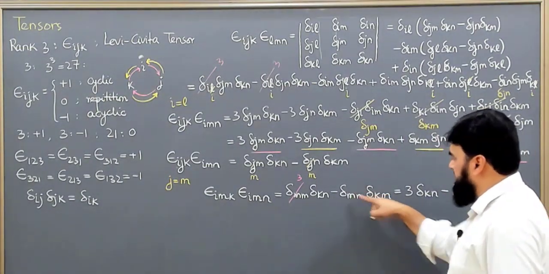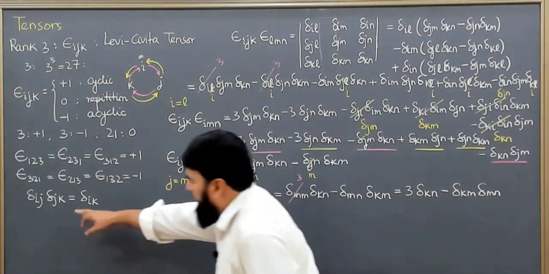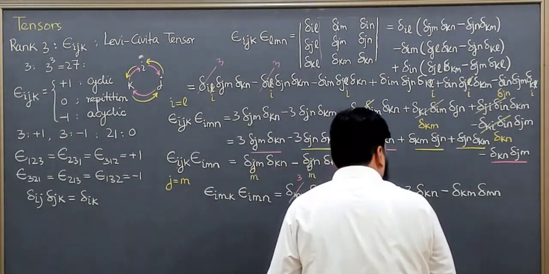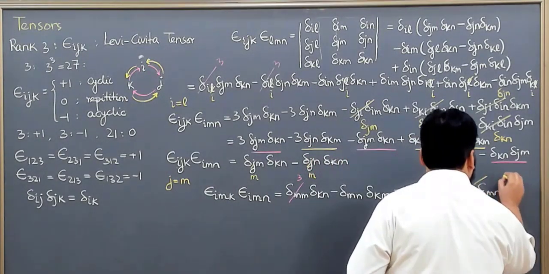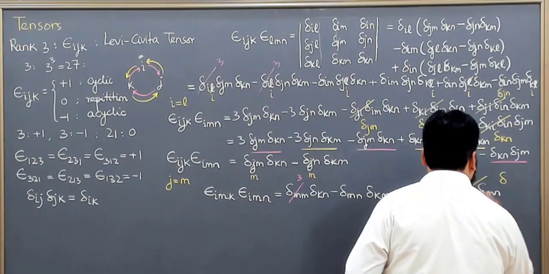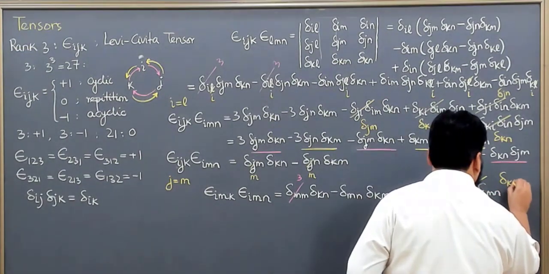We can write this earlier, this later, and upon using the identity, we will have this thing equal to delta kn, with mm skipped.